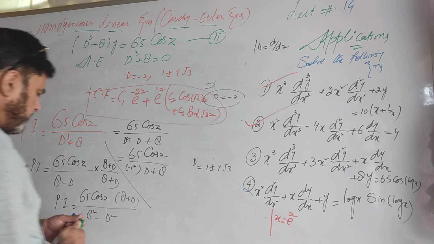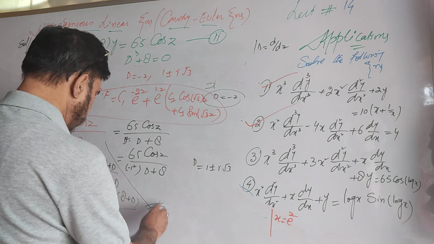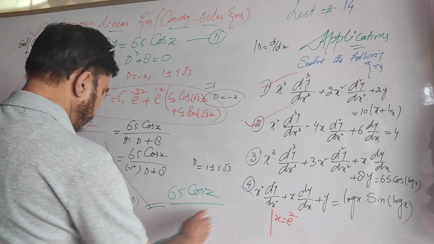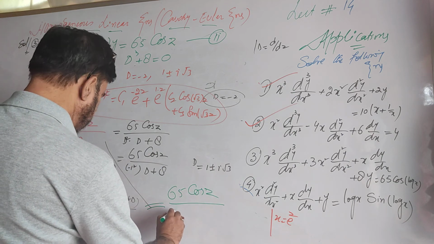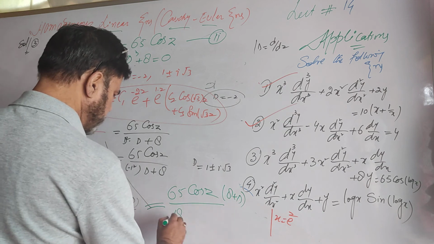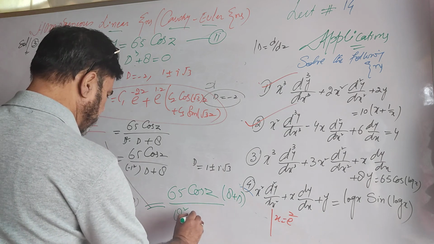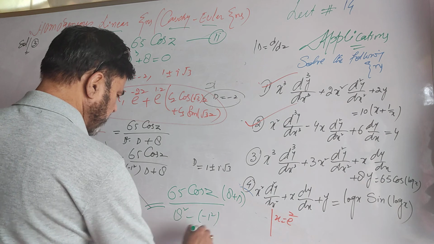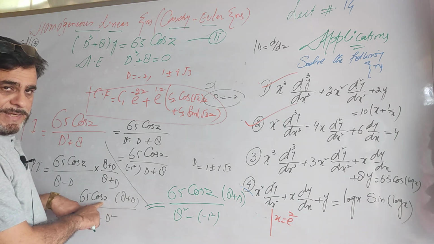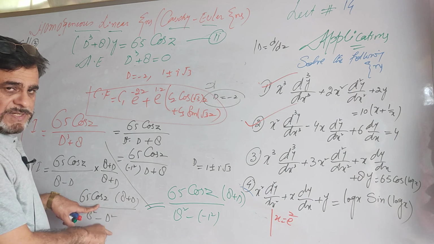Be cautious here: 8 square minus 1 square. Which 1 square is it? It is cos az, D square is replaced by minus a square.